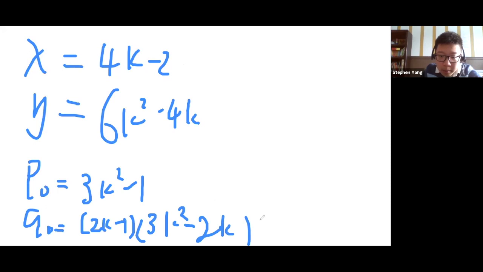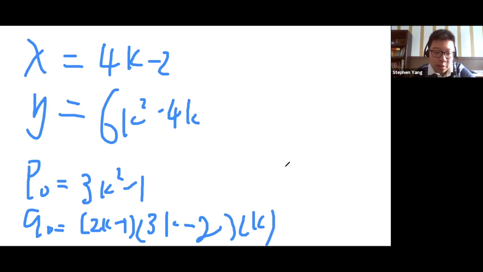Factoring out a little bit, take this k out and move this k a little bit over. So Q0 is equal to this.